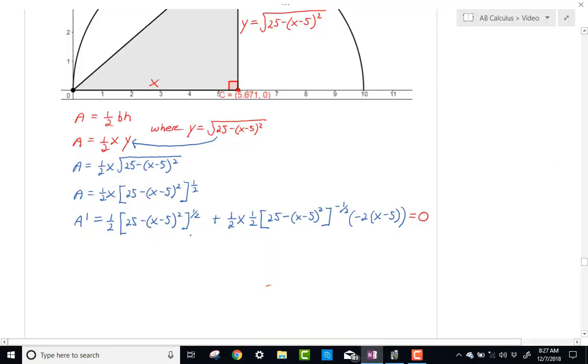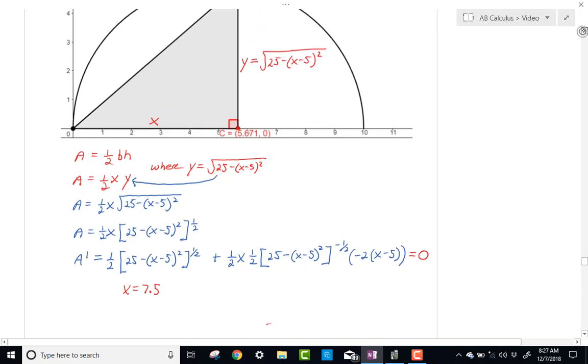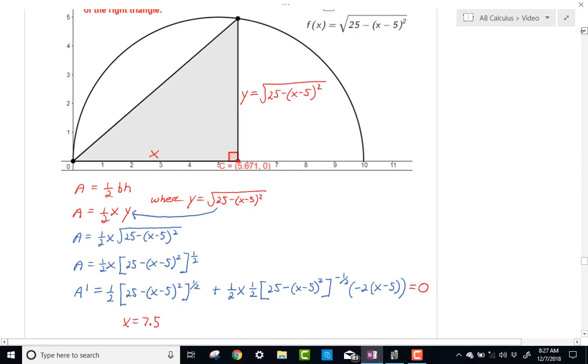which means that when my derivative is equal to 0, I get x equals 7.5. Okay, so when I plug that into my equation, what are we looking for here? We're actually looking for the coordinates this time of the point on the graph. So if x is equal to 7.5, I need to know the y value at that coordinate right there.